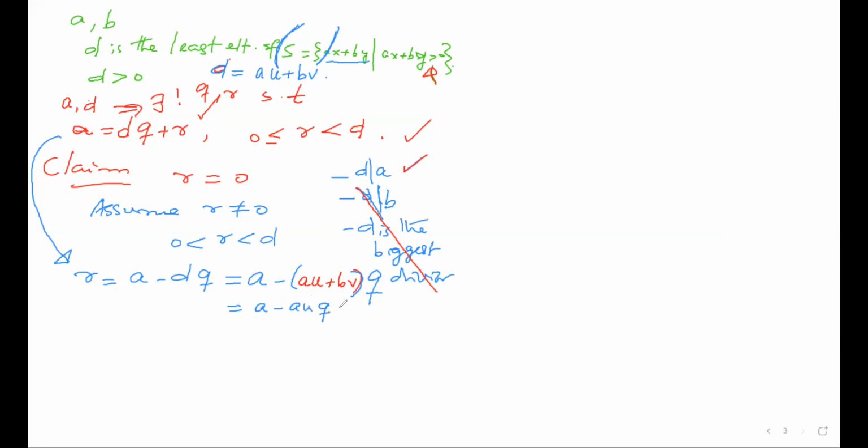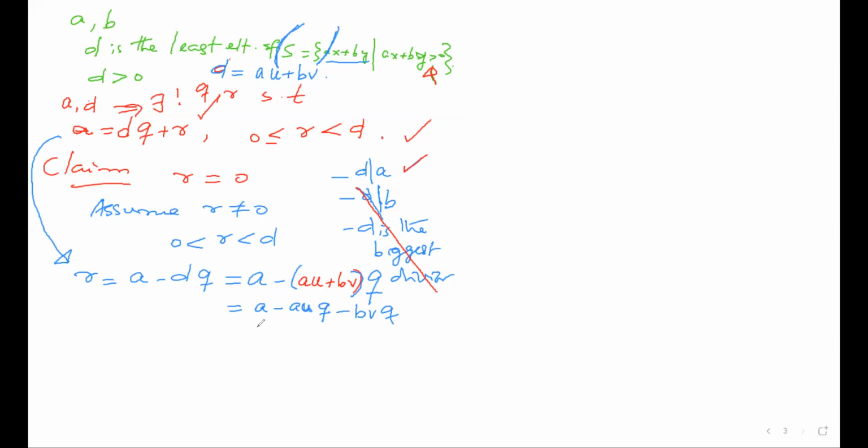Sir, you can just cancel the A from both sides. No, I cannot. I am removing the bracket. When I remove this bracket, what do I get? It becomes A minus AUQ minus BVQ. Do you agree? This step is correct.